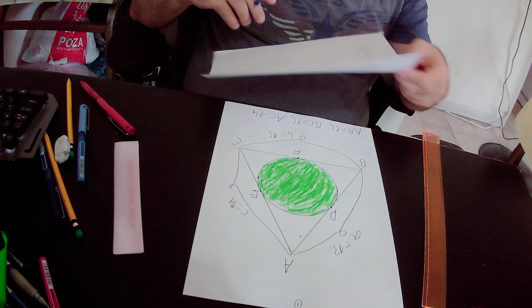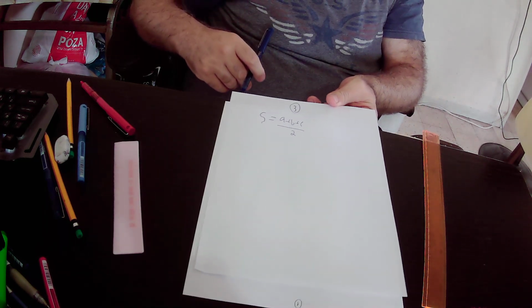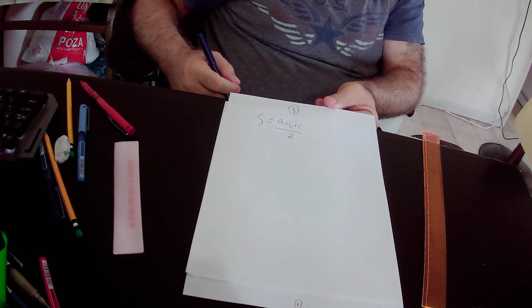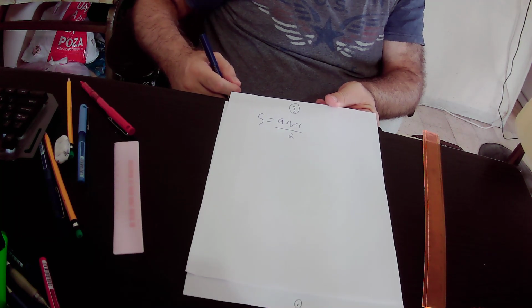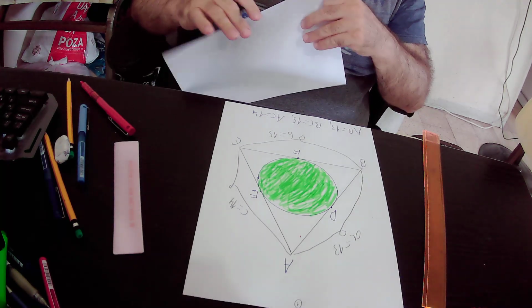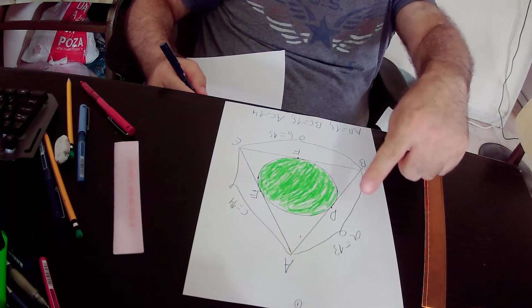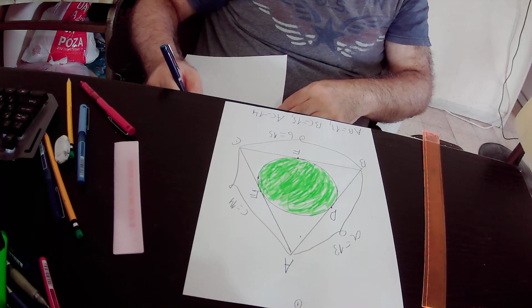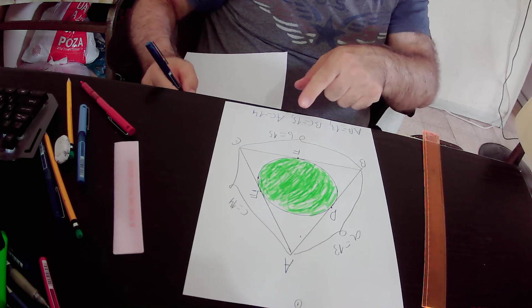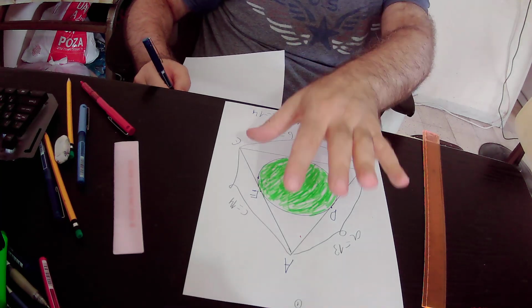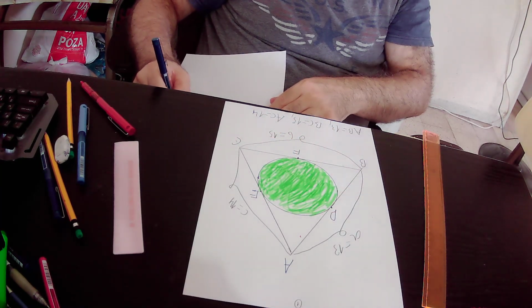But we know that A equals 13 units, B equals 15 units, and C equals 14 units.